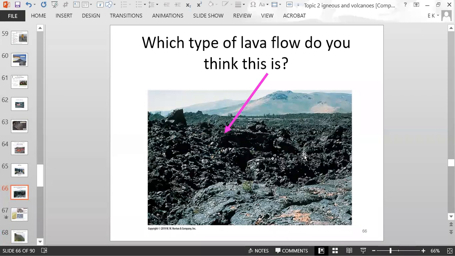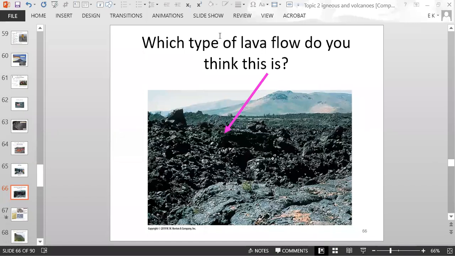So then what type of lava flow do you think this is? This photo is from the book, and it looked like a good photo to wonder what that lava flow is. So do we think that's an A'a flow or a pahoehoe flow? I see an answer in the chat. A'a flow?